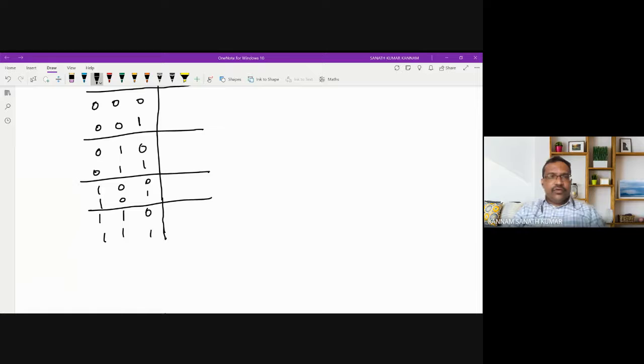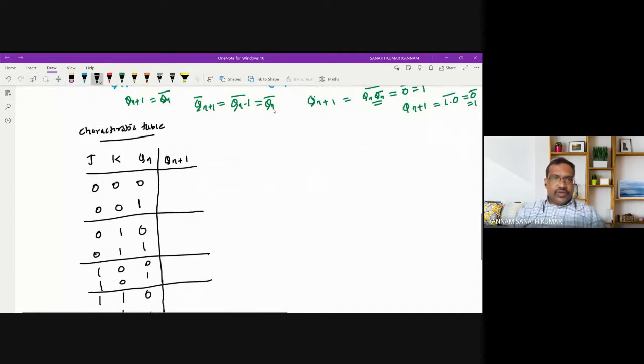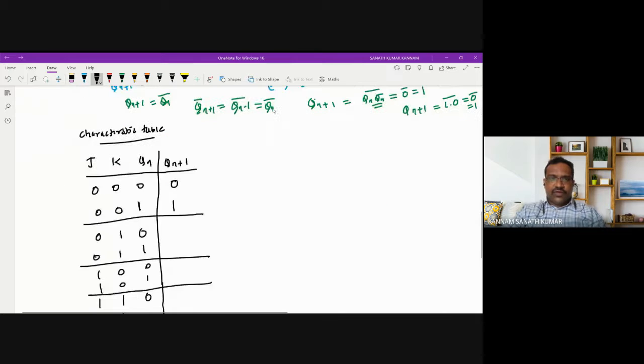If you observe this truth table, when J and K are 0 0, what is the output? Qn, that means memory state or no change. Whatever the value of Qn is there, you are getting that value. Next, if it is 0 1, reset state.